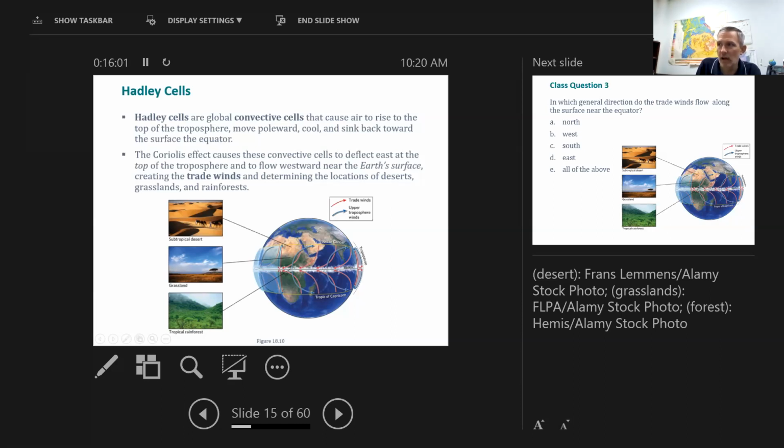As a result, it's going to create these winds, again, upper air geostrophic winds moving to the east, but at the surface, these trade winds are going to be very, very important for boat navigational travel, for using sails.